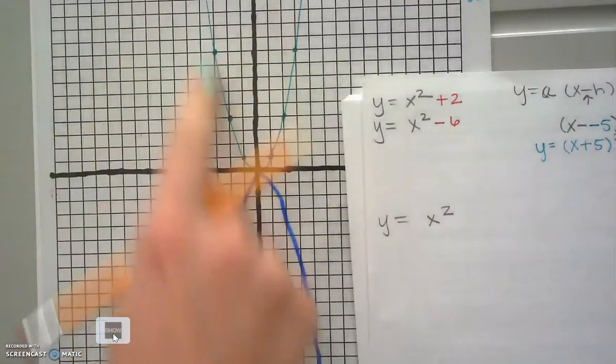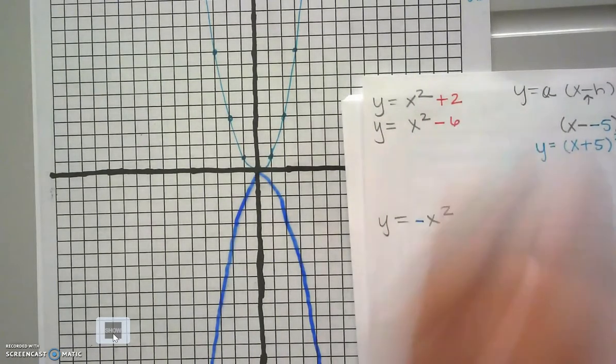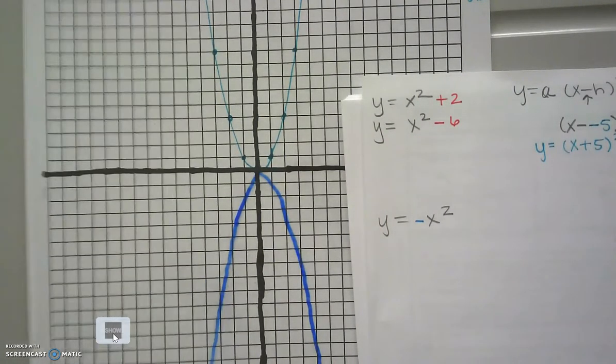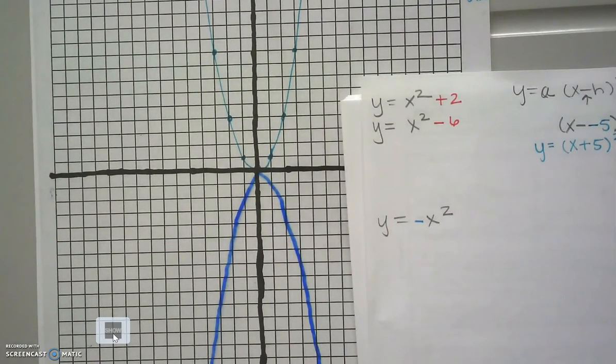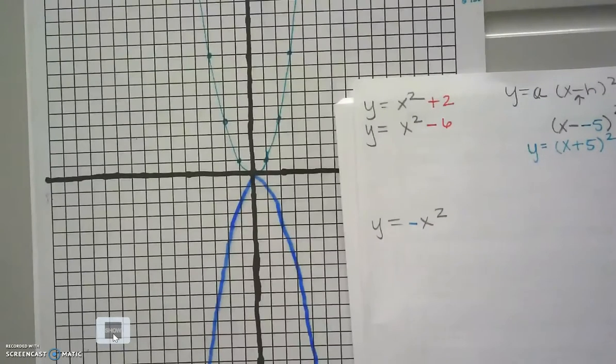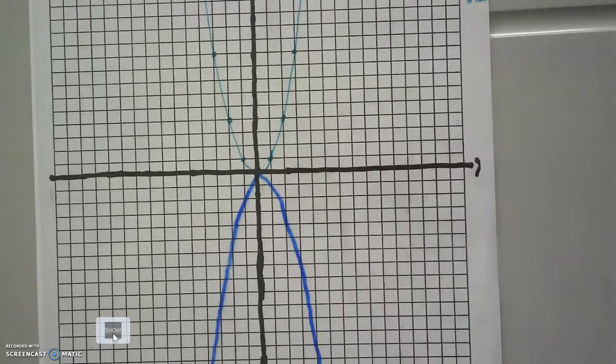That's this parent right here. And when I reflect it, I'm just going to put a negative out there. It's telling me to take all of my answers and make them negative. So I'm just flipping that over. Let's look at a couple examples of how to identify these transformations.